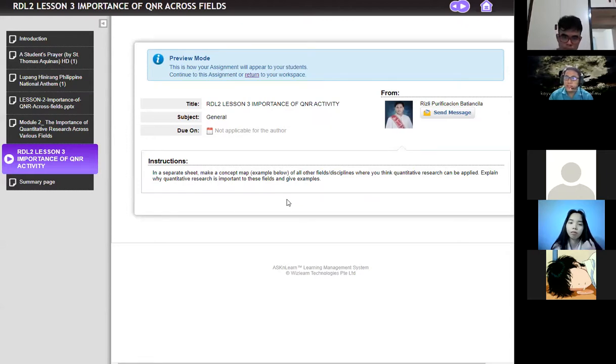Again, 4 disciplines or 4 fields wherein quantitative research is important. And then there must be an explanation. Paki-attach na lang dyan kung gagawa kayo ng file or sa Word document, pwede rin namang direct na dun sa text response. So at least 4 fields kung saan sa tingin nyo importante yung research and then bakit. There must be justification for that.